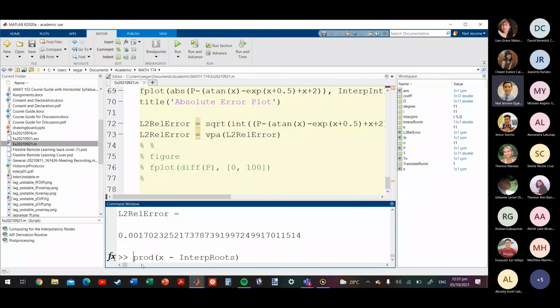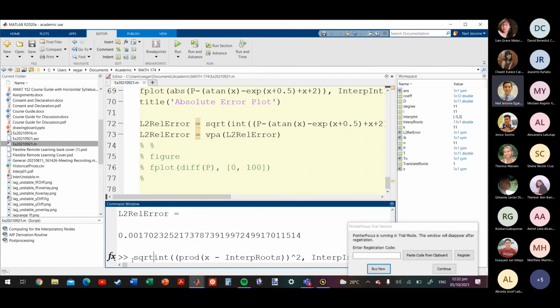Tapos gusto kong i-integrate yung square nitong product. So kunin ko yung square niya. It's basically omega squared. Tapos gusto kong i-integrate si omega squared over the interpolatory interval. Int, right? Tapos gusto kong kunin yung square root nito, kasi by definition, dapat may square root. Okay.